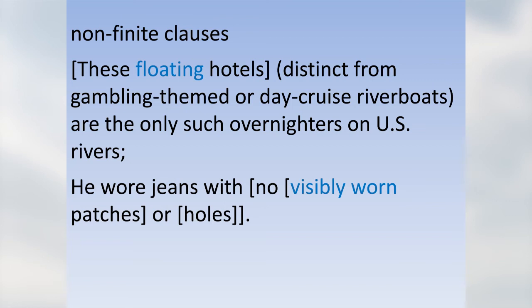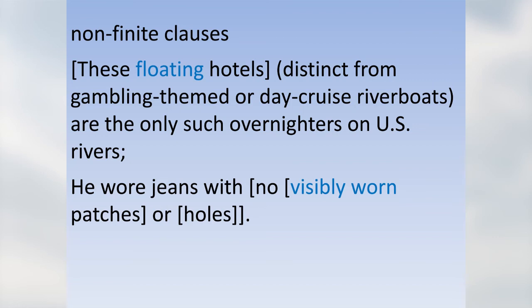Here's one that's headed by a past participle. Visibly worn patches. Now the whole noun phrase here is no visibly worn patches or holes. Right? And that's coordinated. And one of the phrases that's coordinated is visibly worn patches. No is the determiner, right? And then the first noun phrase that's coordinated inside there is visibly worn patches.